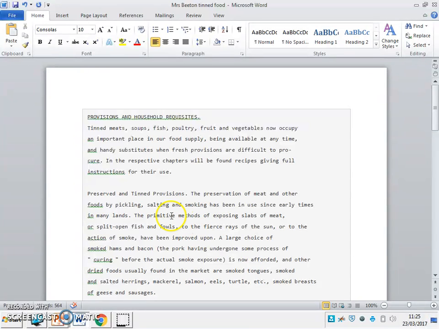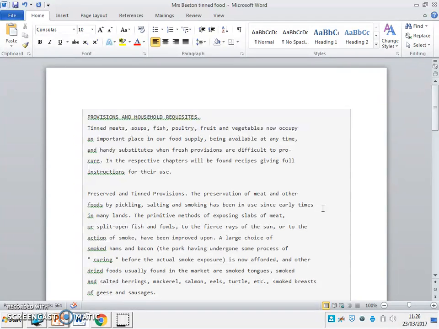And what they're saying is that in primitive times, they used to put it under the sun to dry it, or they used to put it into smoke, and now those things have been improved upon. A large choice of smoked hams and bacon, the pork having undergone some process of curing before the actual smoke exposure, is now afforded.